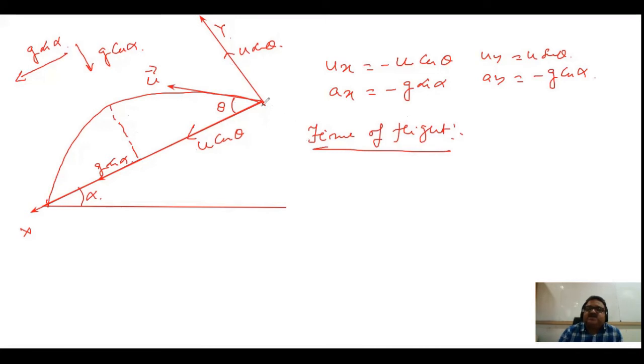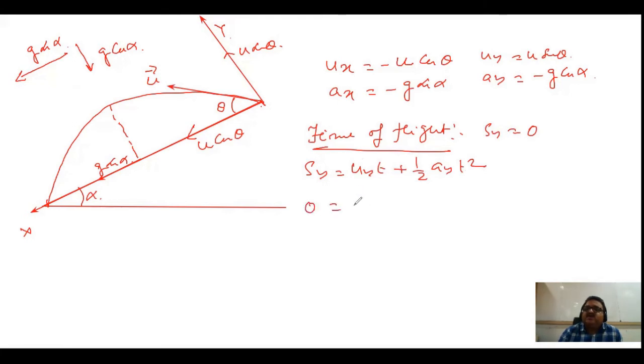That means the vertical displacement is 0, so Sy is 0. Applying the formula Sy equals Uy t plus half Ay t squared: what is Sy? 0.